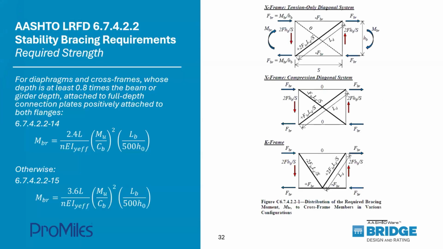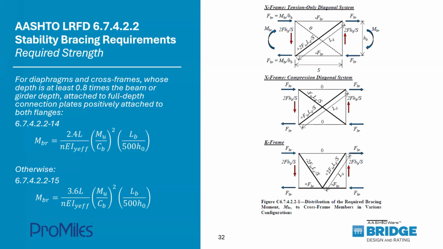The bracing strength requirements are essentially an extension of the stiffness requirements. From structural analysis, we have the equation relating force to stiffness times displacement. And so here, that stiffness requirement is multiplied by an assumed initial twist imperfection, which is LB over 500 H0, to arrive at these required bracing moments.